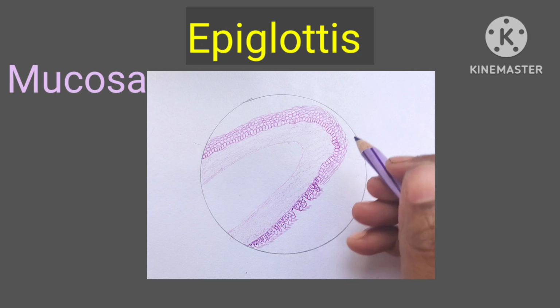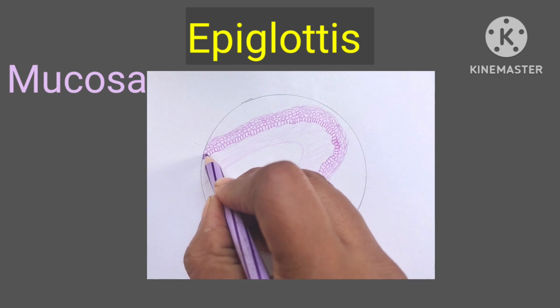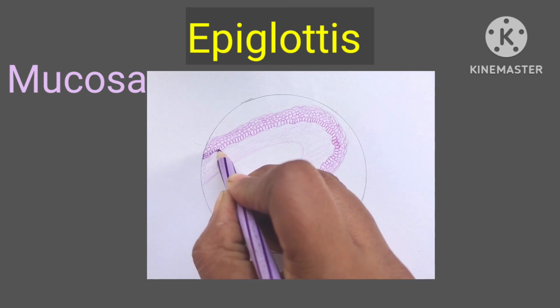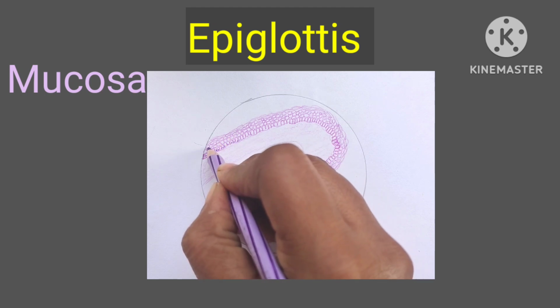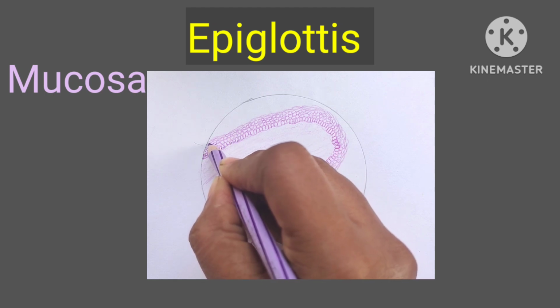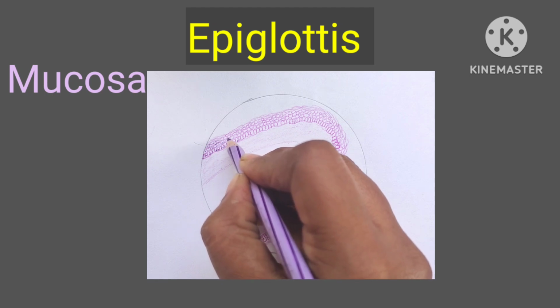So this is the mucosa having the epithelium, one side stratified squamous non-keratinized, the other side respiratory epithelium, that is pseudostratified ciliated columnar epithelium.